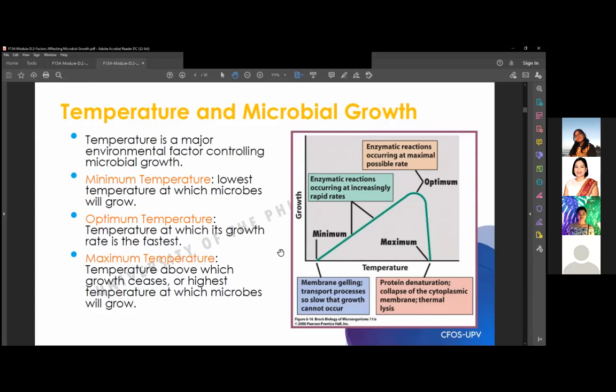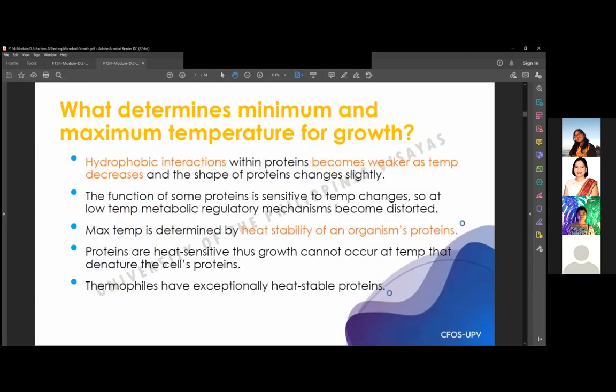But at high temperature, there will be protein denaturation. Mamamatay yung bacteria mo, kasi magde-denature yung proteins nila, yung genetic material nila, and then magkakaroon ng thermolysis.